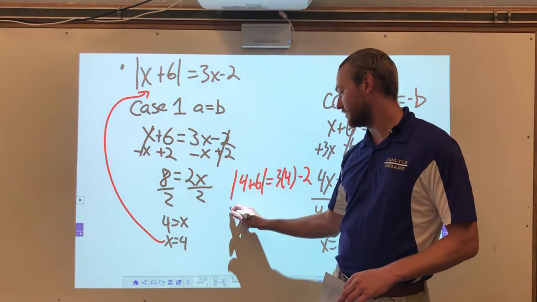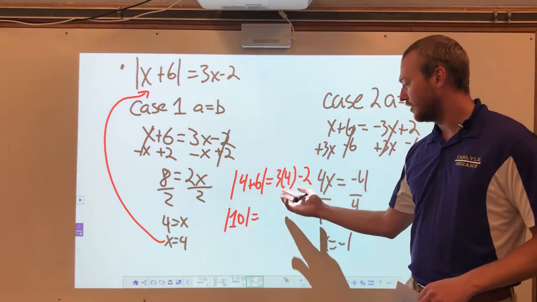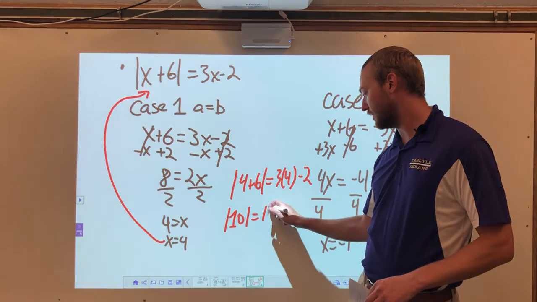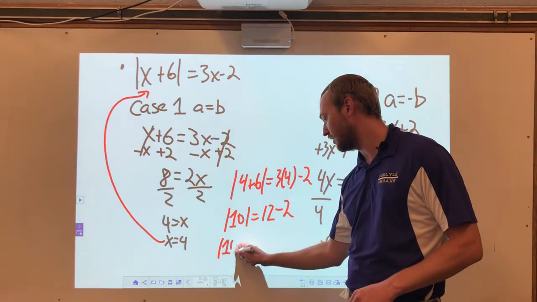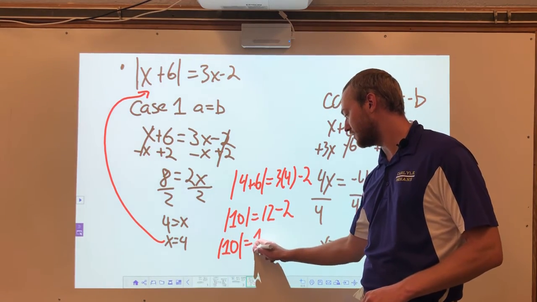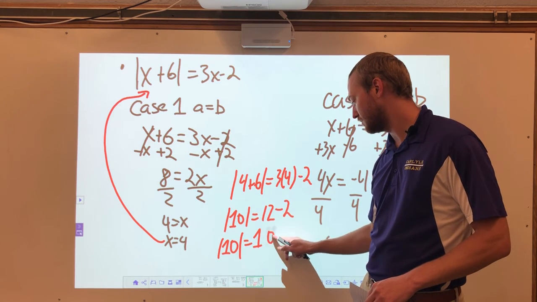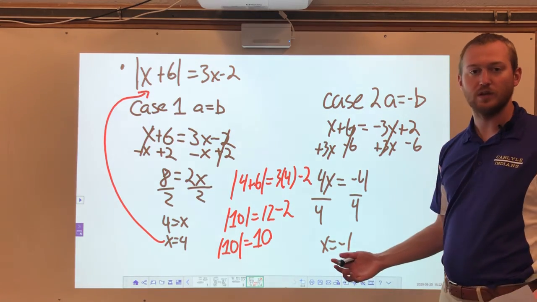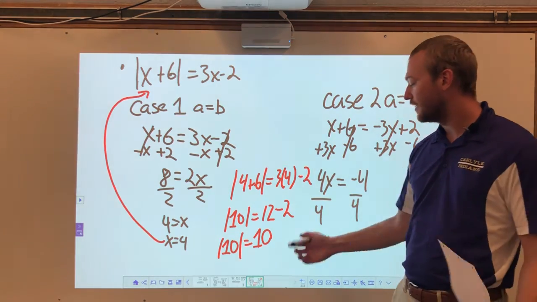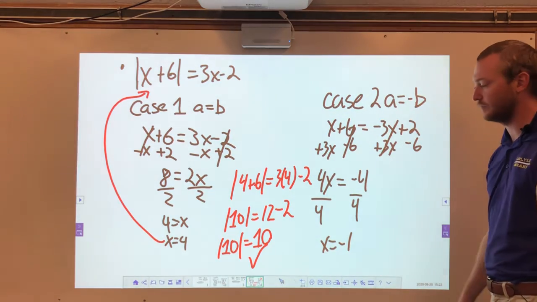Well, 4 plus 6 is 10, so the absolute value of 10 equals 3 times 4, which is 12, minus 2 gives me 10. Okay, and as we all know, the absolute value of 10 is indeed 10. That works. It's a check mark.